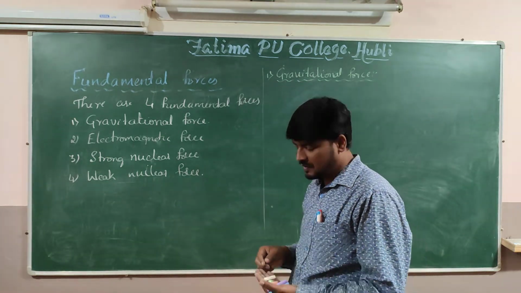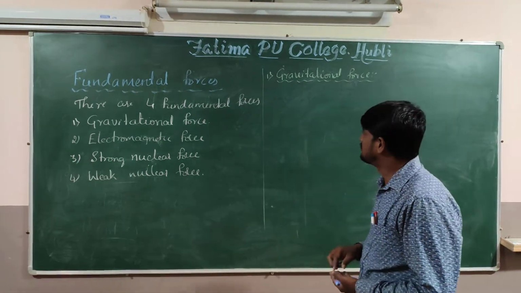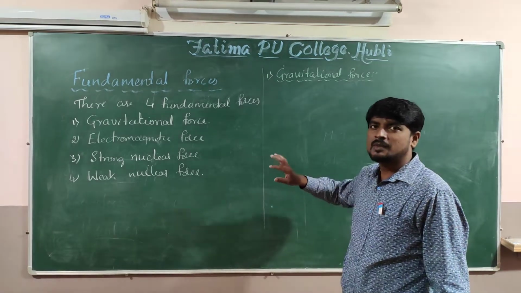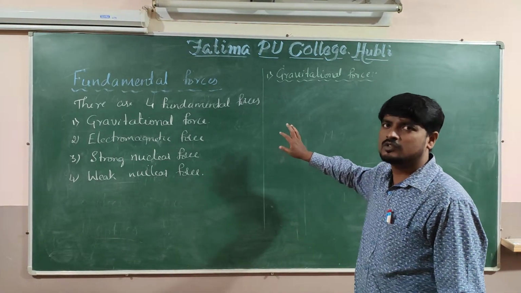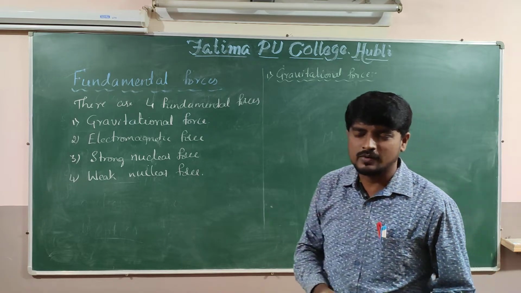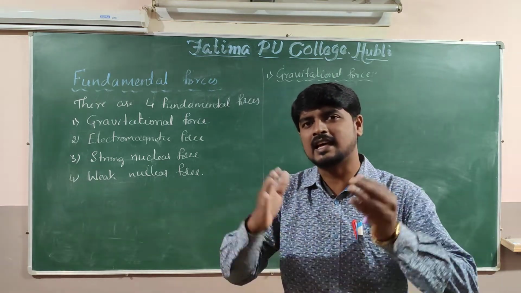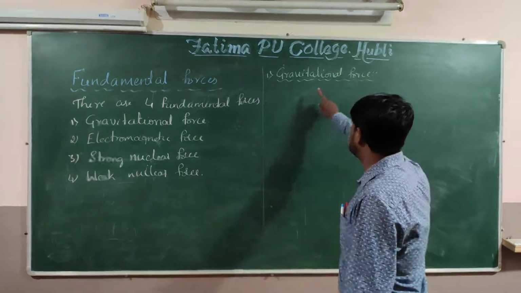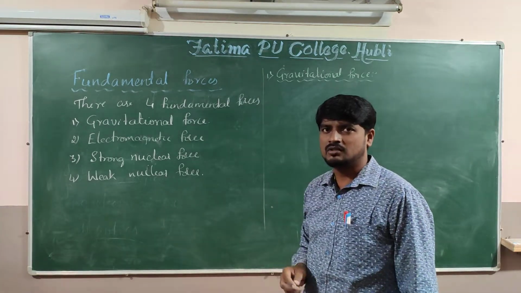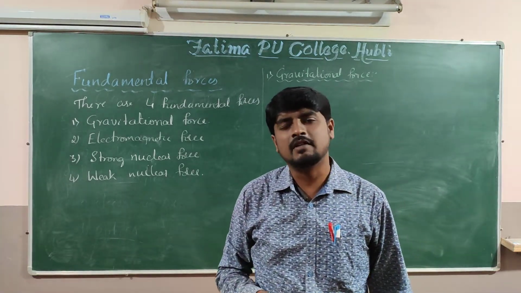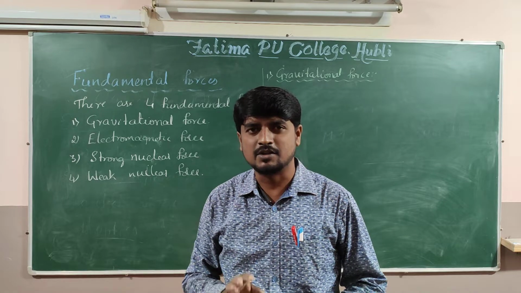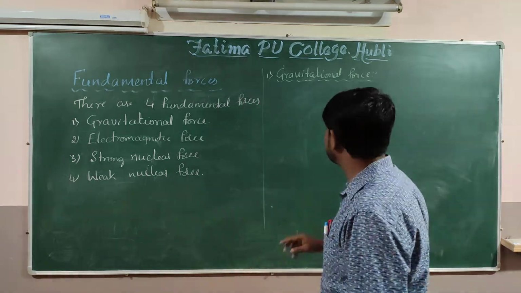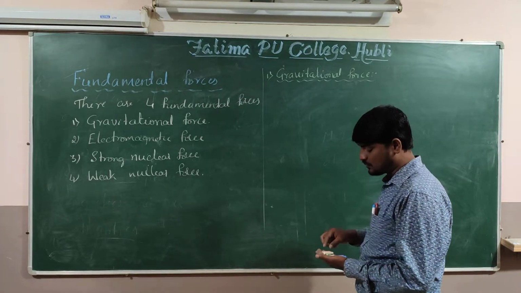Suppose I start with this gravitational force. Some explanation is required. Don't worry if you don't follow, because we are studying the entire chapter once again under the topic called gravitation, chapter number 8. No need to worry about this. What exactly is happening in the gravitational force?